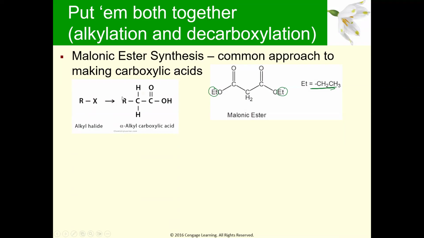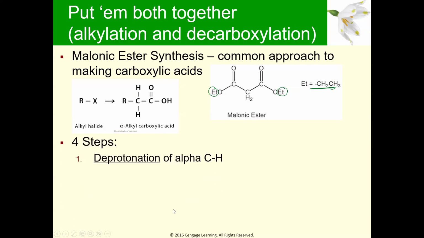So notice that whatever you started with, R, it's the same R, but now it has 2 more carbons in it. And one of those carbons is part of the carboxylic acid functional group. So this is a very useful reaction to make a carboxylic acid by design. There may be some specific carboxylic acid you want to produce, and this is a typical way to get there.